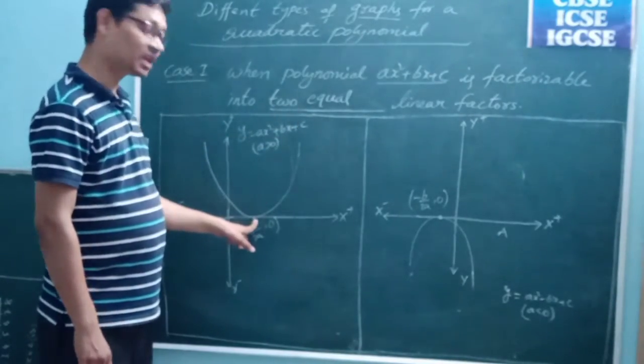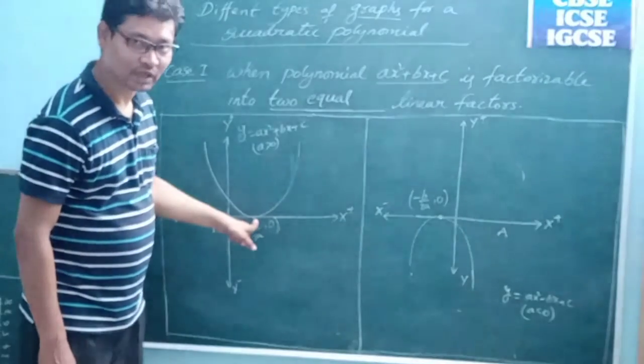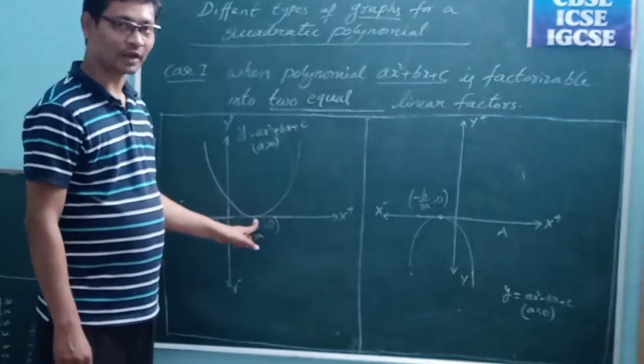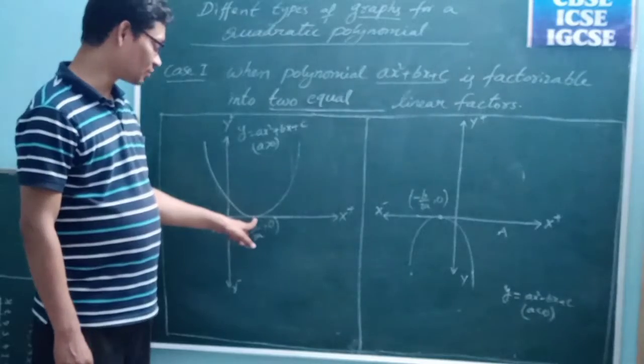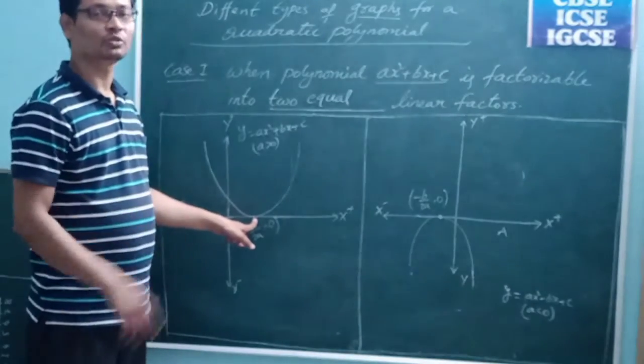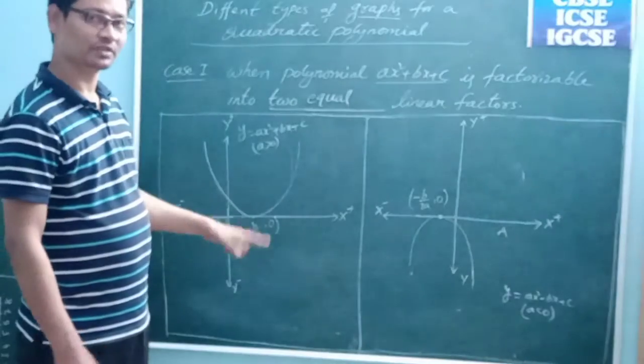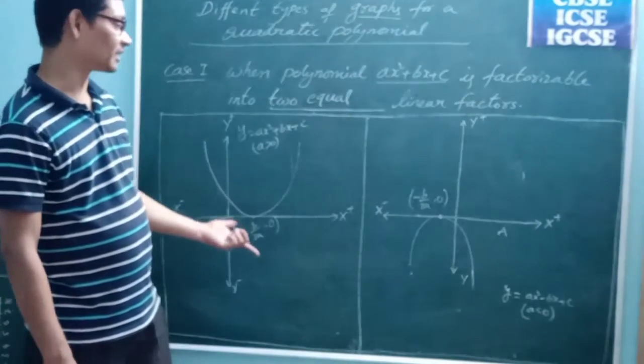It is touching the x-axis at only one point. So if it is touching at only one point, suppose x equals 2, that means the two factors are 2 and 2, both equal factors.